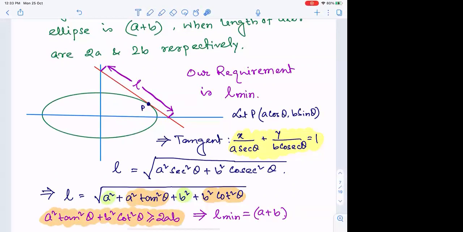If I replace the sum of these two terms by its minimum possibility, 2ab, then L has become root over a square plus b square plus 2ab, or the minimum of L has become a plus b.